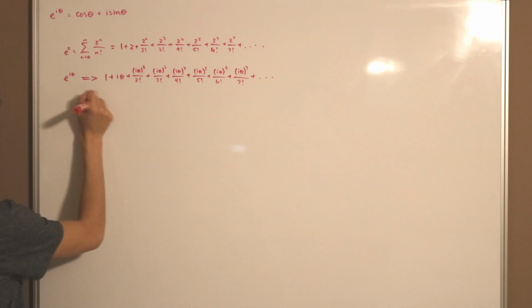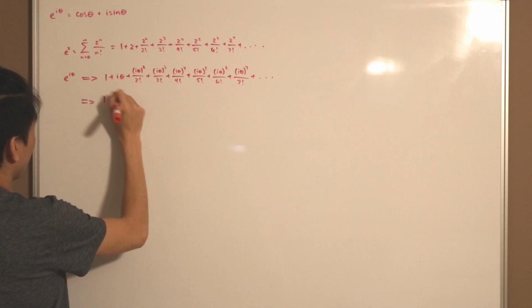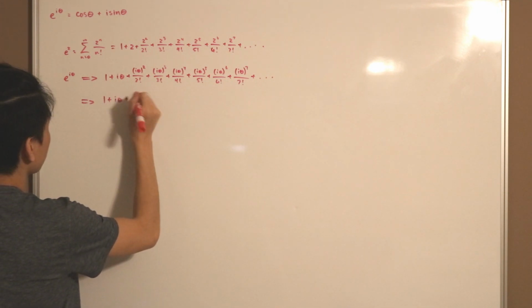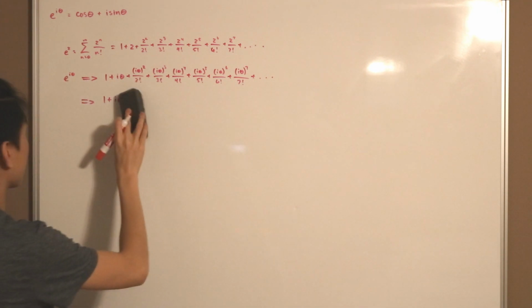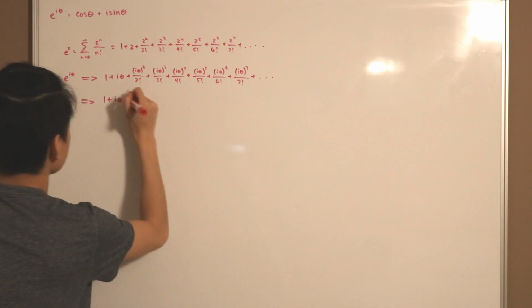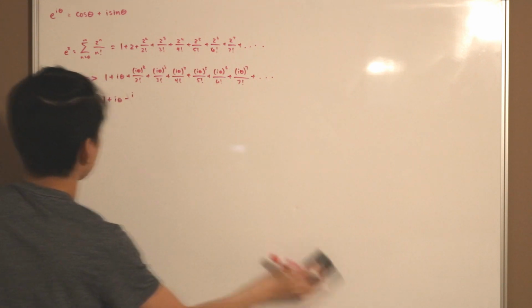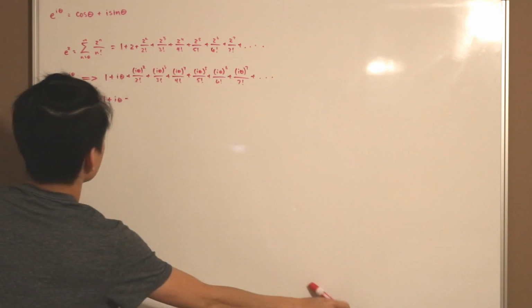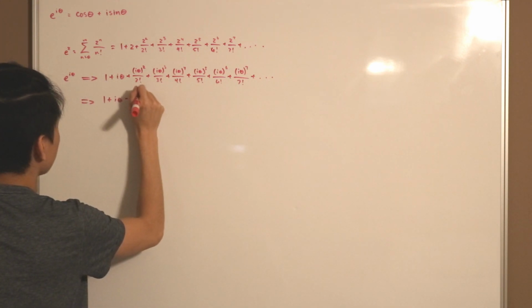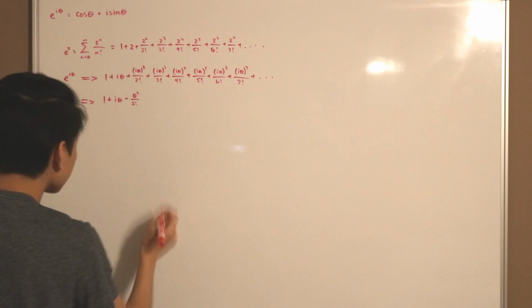And then when we evaluate this, we get 1 plus i theta, plus, in this case, i squared is negative, so this will be a minus theta squared divided by 2 factorial.